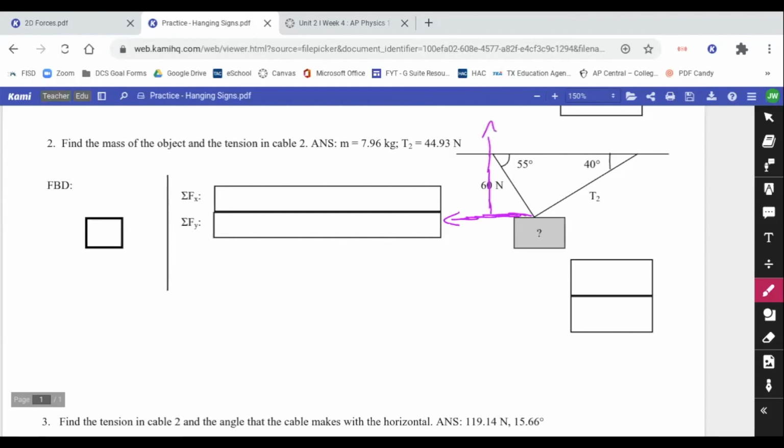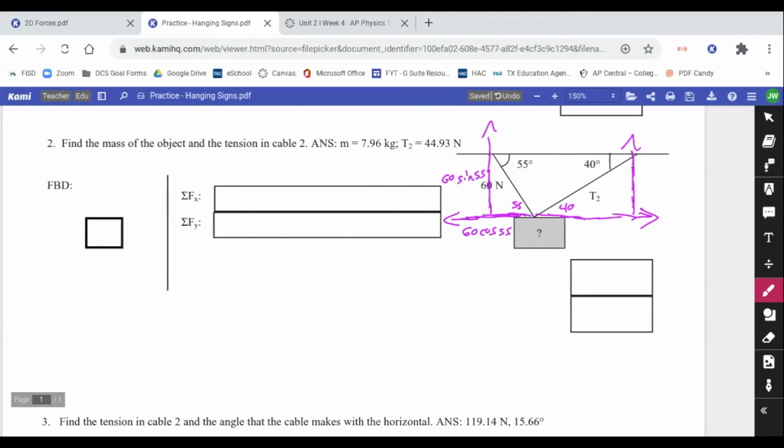T2 also has a component going to the right, along with a component going up. The component going to the left of the 60 newtons would be 60 cosine of 55. The part going up would be 60 sine 55.